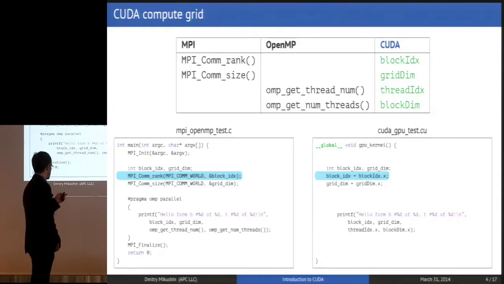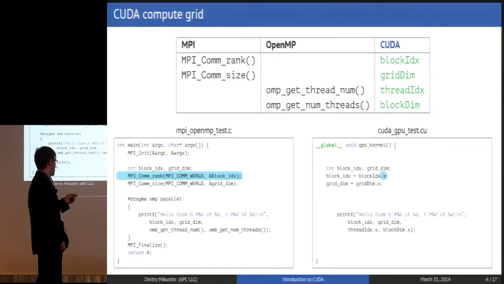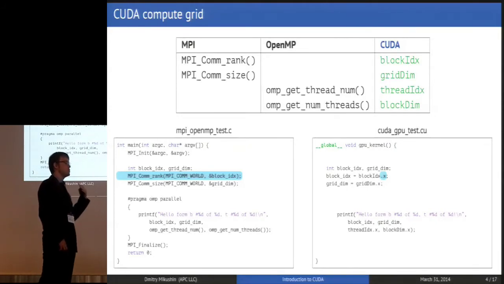For the process rank in an MPI program, we have MPI_Comm_rank, and a close equivalent of this in the GPU program will be the block index. Rank is always linear. We can enable a multi-dimensional topology in MPI, right?